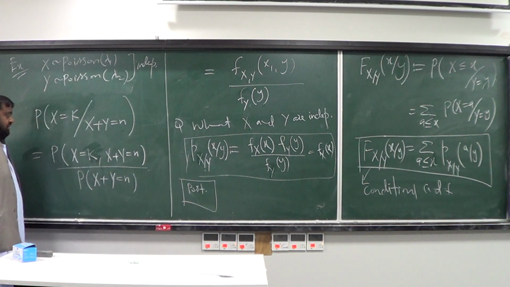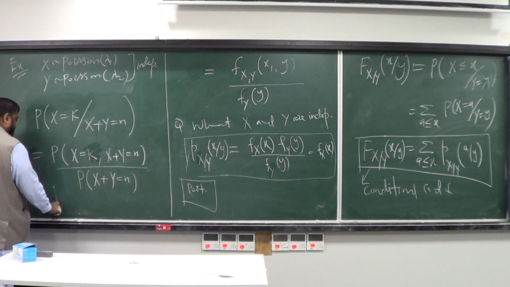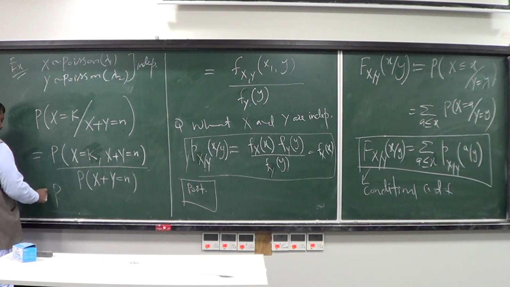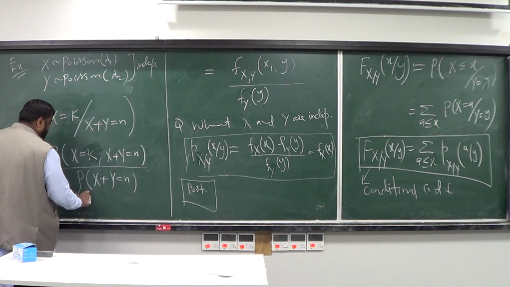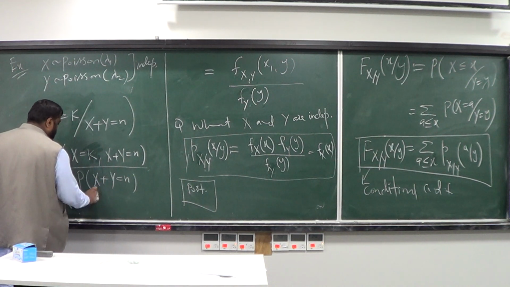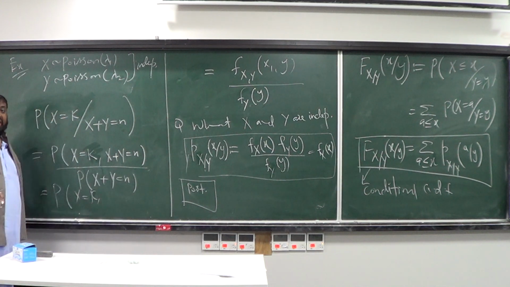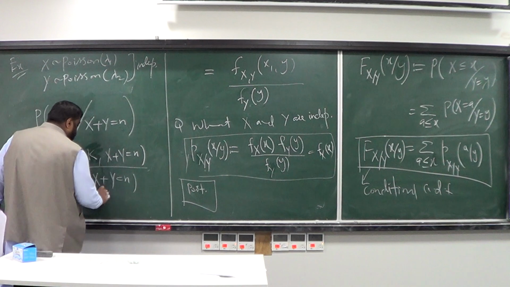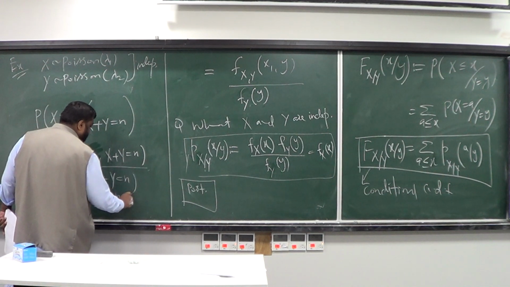Now I can rewrite this, if I think carefully about it: if the number of males is k on that given day and the total number of people is n, that means that the number of females should be n minus X, but X is k.